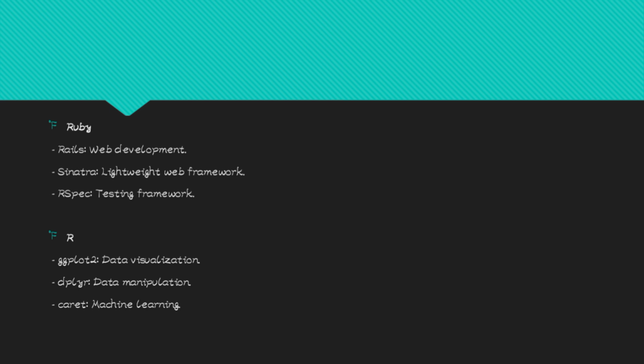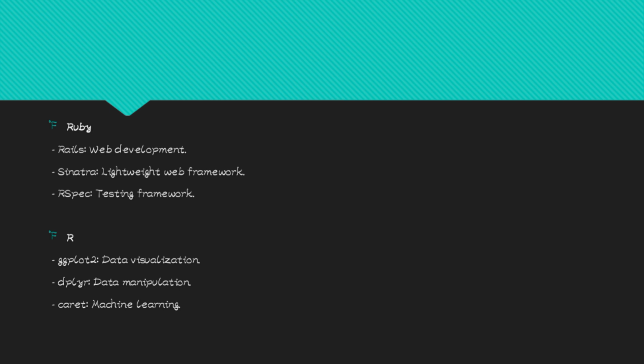Then Ruby, a programming language, has Rails, which is used in web development. It has Sinatra, used for lightweight web frameworks. It has RSpec, used in testing frameworks. So instead of having to figure out how to test, you just use RSpec.